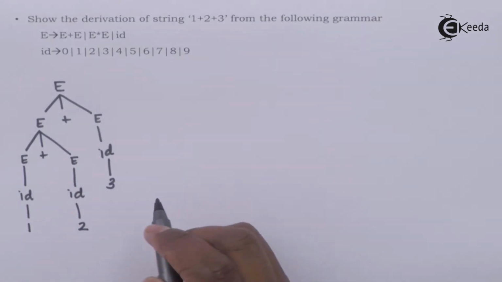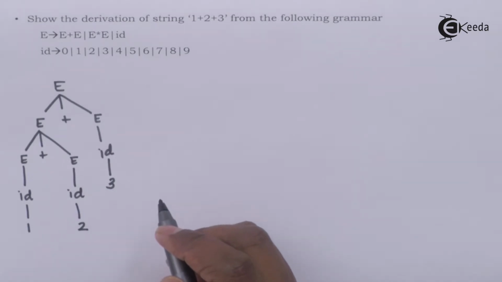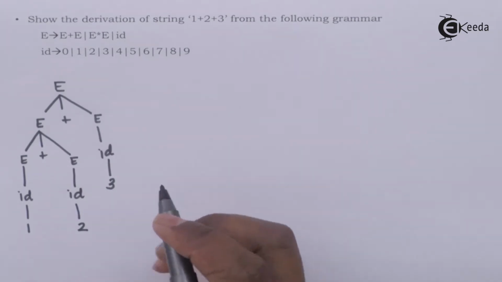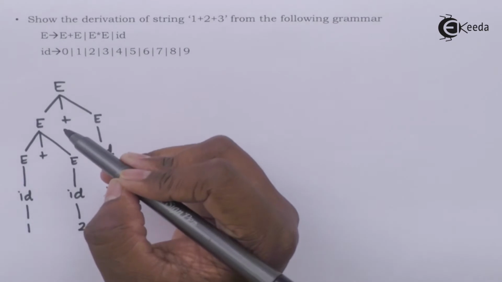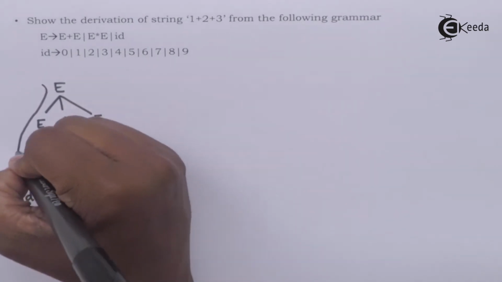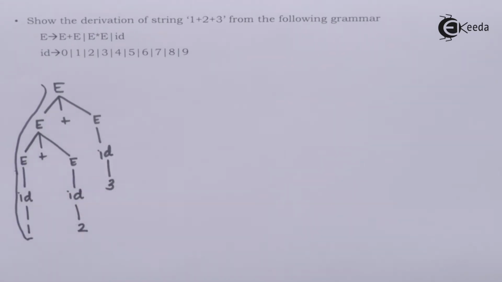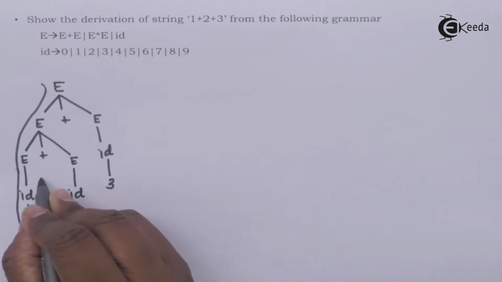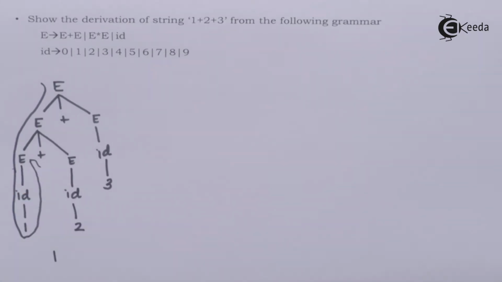If you try to write the yield of this parse tree, you will see that it is 1 plus 2 plus 3. Let us trace this particular tree. As I said, we will be tracing from left to right, top to bottom. The first symbol encountered is 1. Then we encountered a plus.